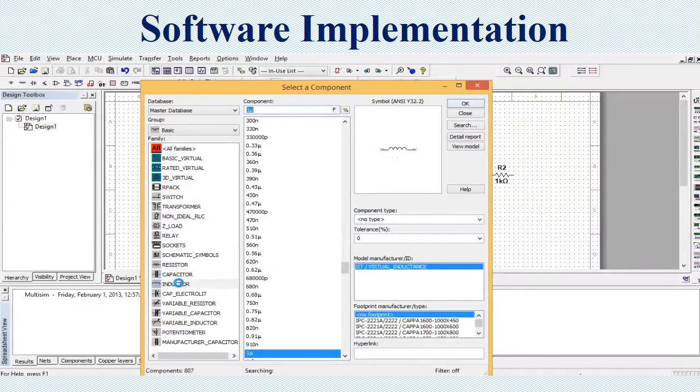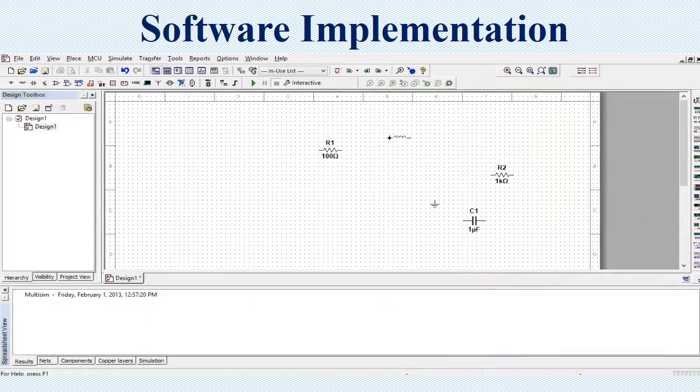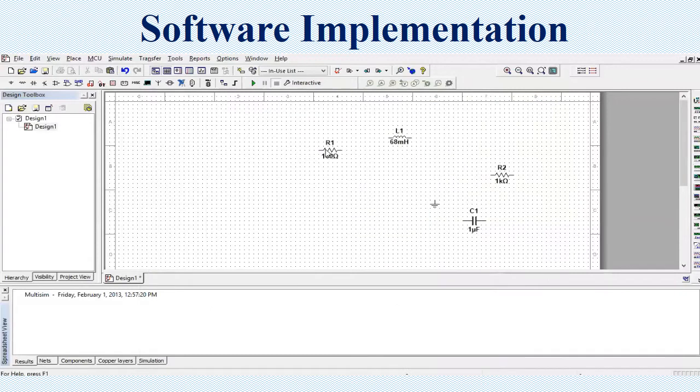After this I will move towards the inductor section and pick the inductor of 68 millihenry and place it. So our component section is completed. Now for the arrangement of the parallel RLC circuit, we have to arrange all these components in a vertical form.